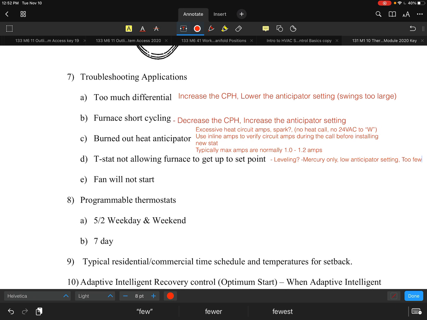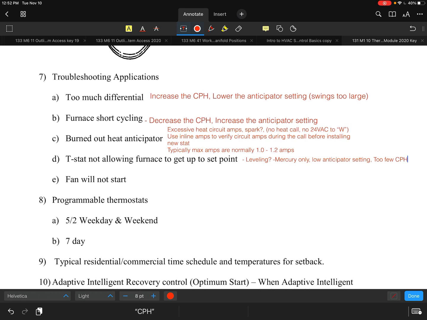The next one would be maybe too few cycles per hour. So cycle rate may be too low on there. I'm just going to note this one on here. Heat source near the stat is the other one.